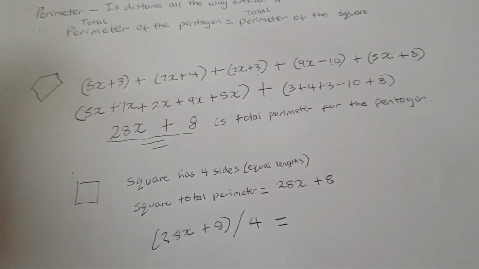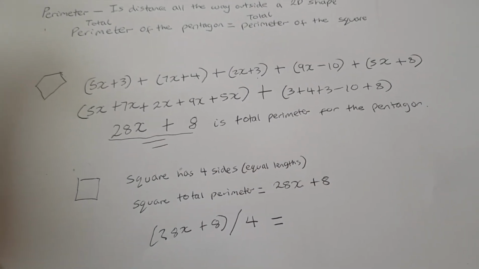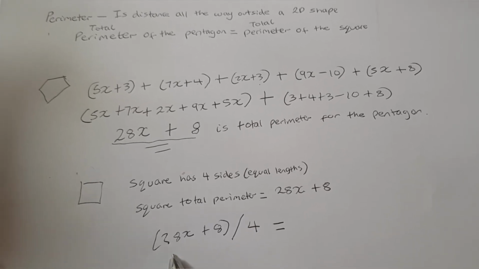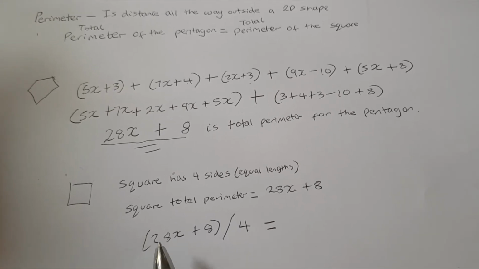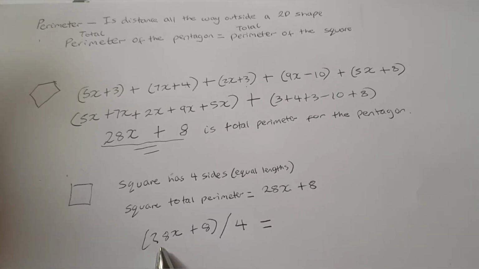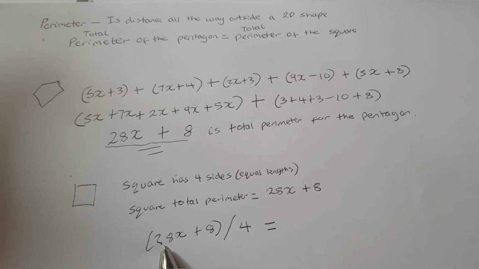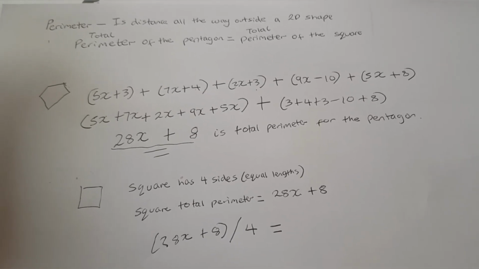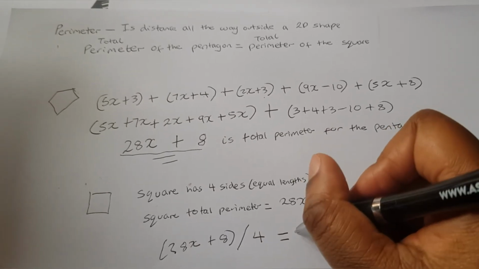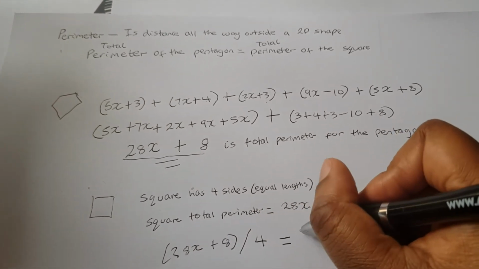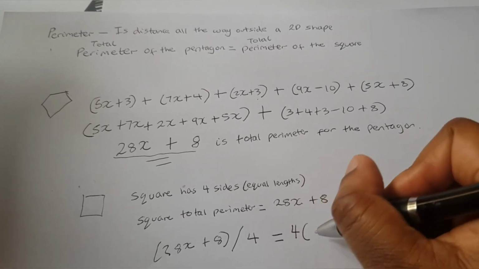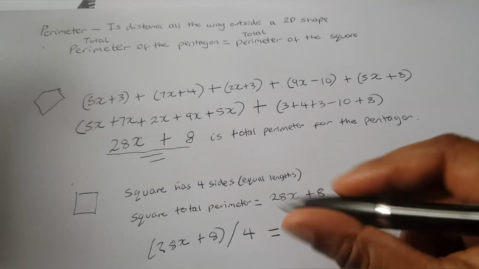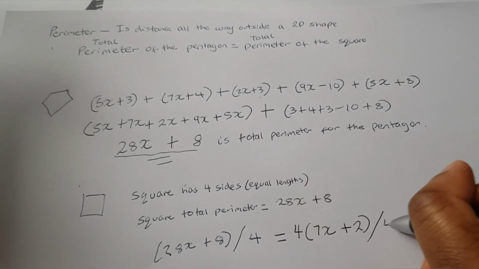All right. To simplify it, I would factorize this first. We need to find a common number that divides both 28 and 8. A common factor I know is 4. So we can factorize this as 4 brackets 7x plus 2, divided by 4.